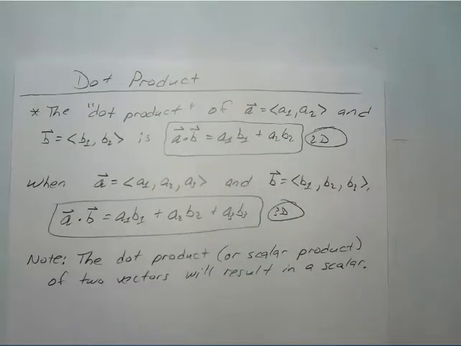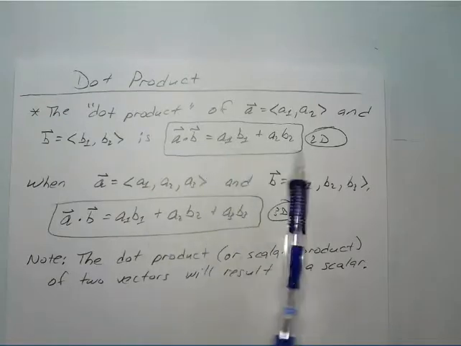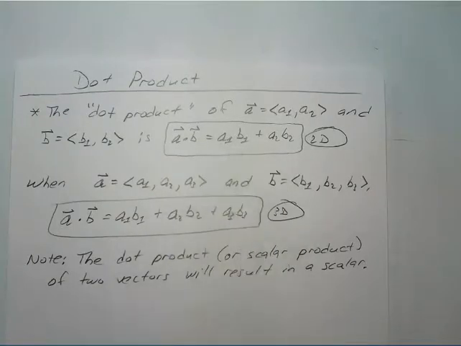So that means when you calculate the dot product, you will get just a scalar answer. You won't get another vector.